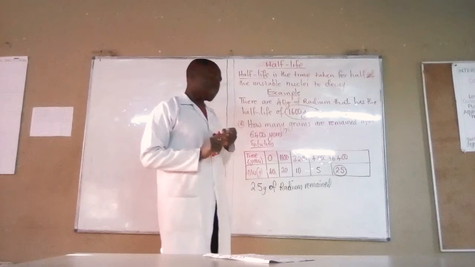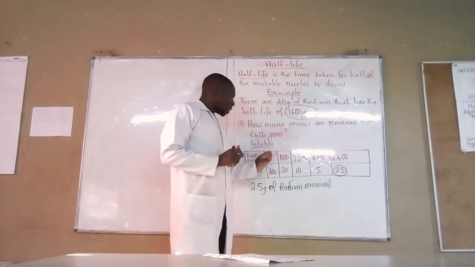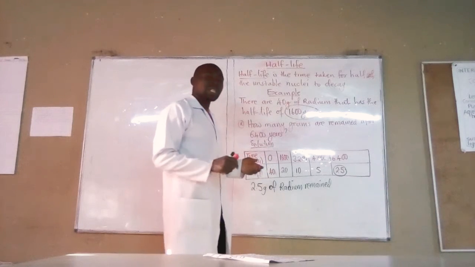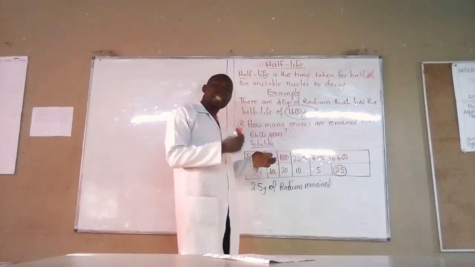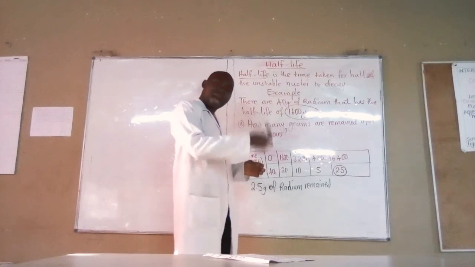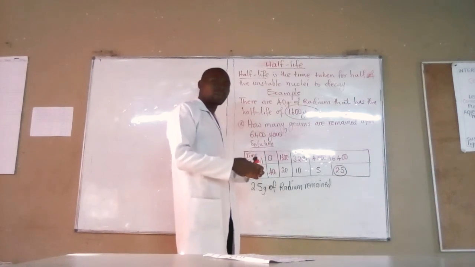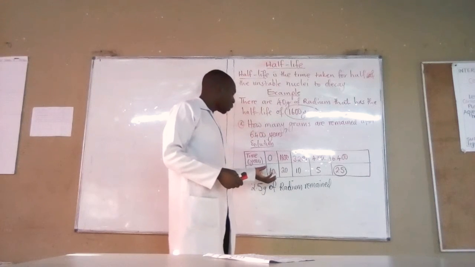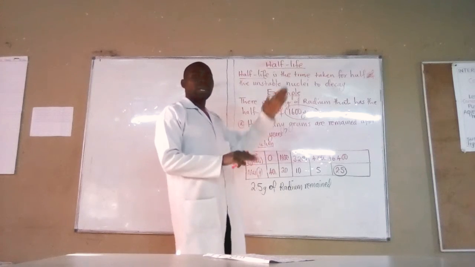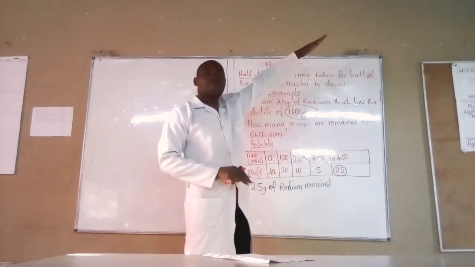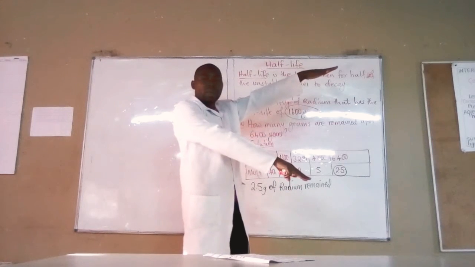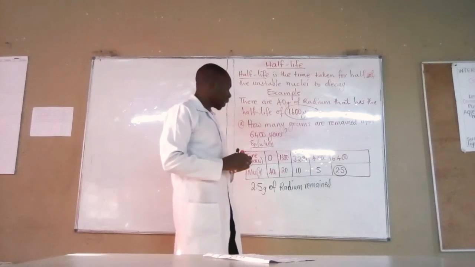And the other thing is that time is increasing by adding half-life after half-life. The more you add half-life after half-life, the mass is also decreasing. So as time goes up, the mass goes down. This is how it is moving, in different directions.